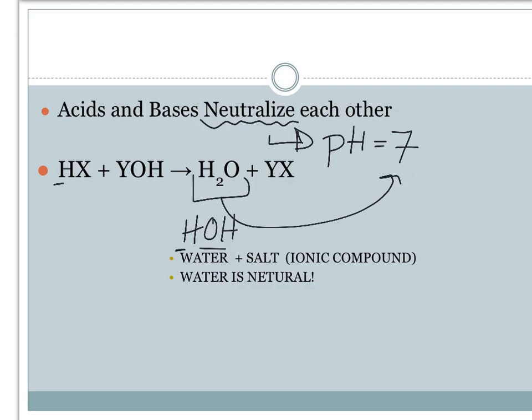So if I have an acid starting with H, reacting with a base ending in OH, it's a double replacement reaction, and we form water and a salt. The salt is the ionic compound that is formed, okay, and water is the neutral aspect there. Okay, so double replacement reaction occurring between an acid and a base, and this is also listed on your reference sheet as well.